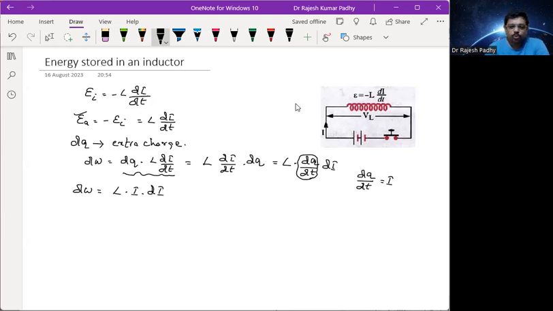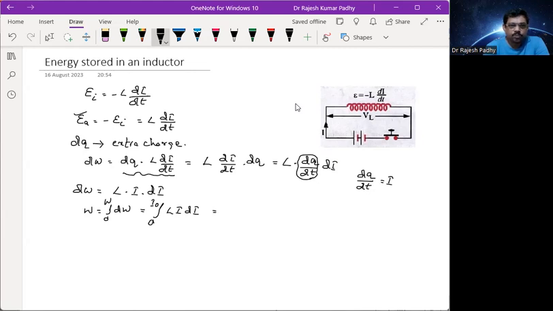Now, this is a small work done when we want to send dq amount of charge through the inductor. But as current gradually increases from 0 to its maximum level, we need the total work done. Total work done W is equal to the integration of dW from 0 to W, which equals the integration of L I di, with limits from 0 to the maximum current, suppose I0.